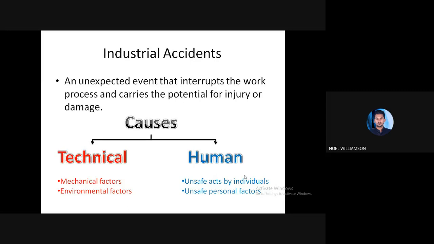And we have seen the main causes of industrial accidents. They can mainly be classified into two: technical causes and human causes.